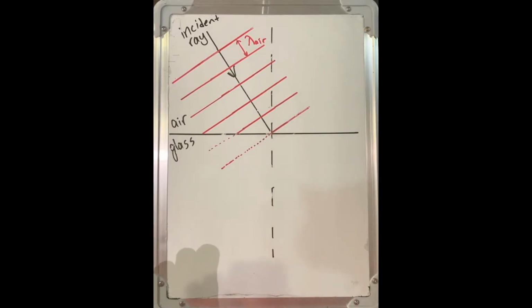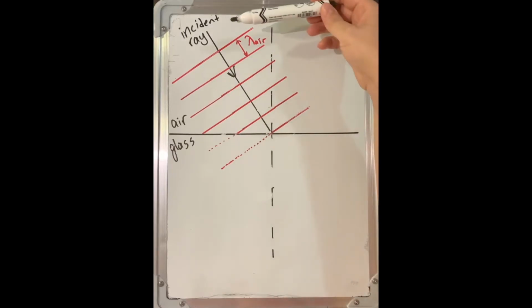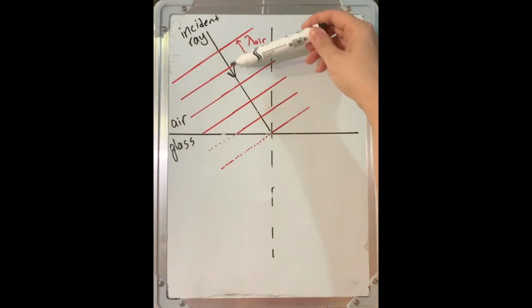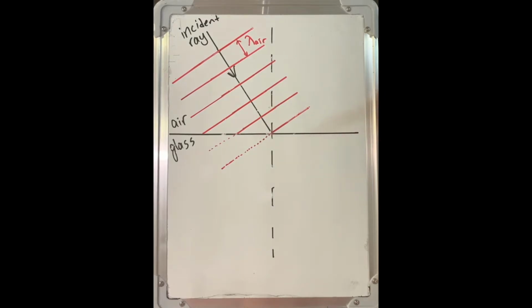Now this is to explain why the angle changes when the wave changes medium. Now I prepared the boundary conditions, including the wavefronts this time. So this is the incident ray, and the red lines are representing the wavefronts. The distance between each wavefront is the wavelength of this ray in air.